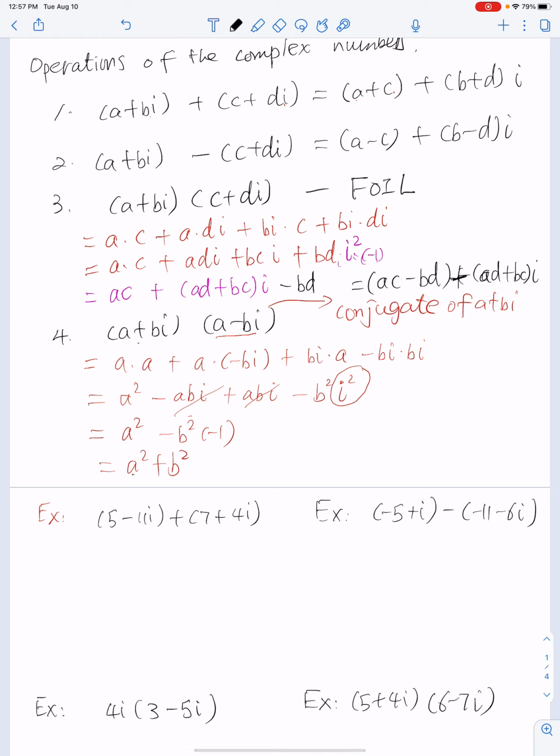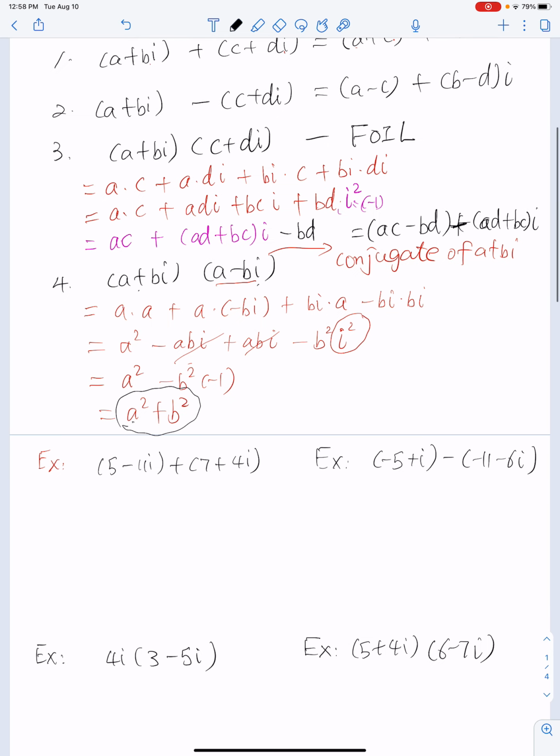A complex number times its conjugate will give you a real number. Okay, you do not have the imaginary part anymore. So if you want to get rid of i, what should you do? Multiply its what? Conjugate. Pretty important. Multiply conjugate will get rid of the i, okay?